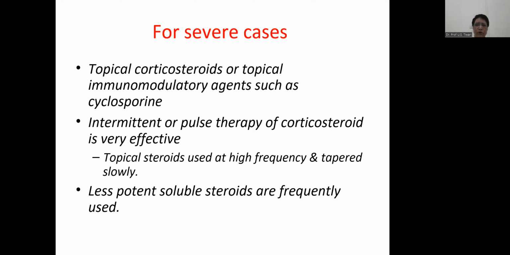And we already know that the steroids are to be used on a long-term basis. So there is an increased risk of steroid-induced glaucoma, which can be avoided by using less potent steroids and reducing the frequency gradually as and when the situation permits. And that is how we can minimize the risk of steroid-induced glaucoma.